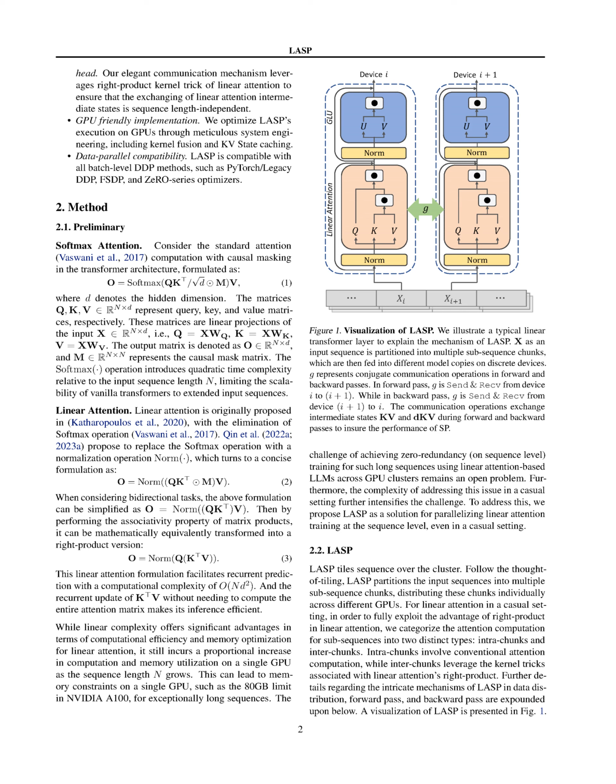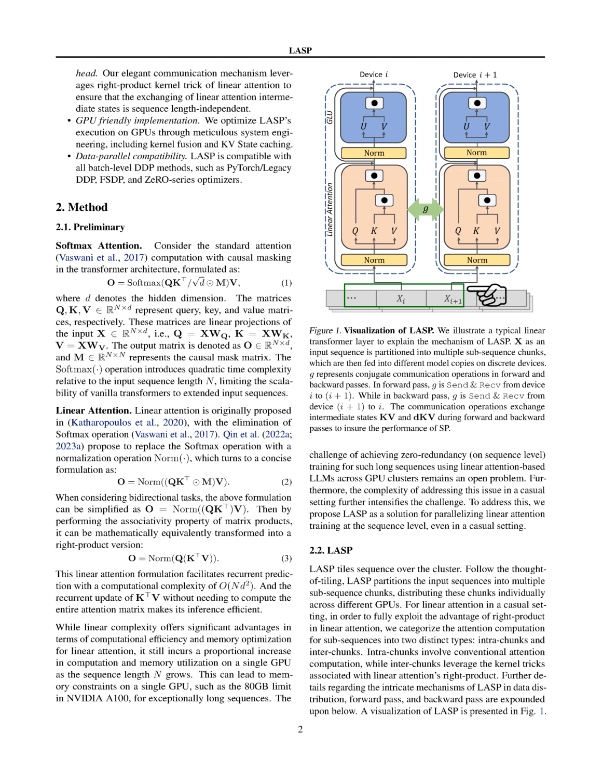By incorporating system engineering optimizations like kernel fusion and KV state caching, LASP significantly enhances execution efficiency and can extend sequence lengths up to 8 times longer under the same hardware constraints, surpassing existing sequence parallelism (SP) methods.